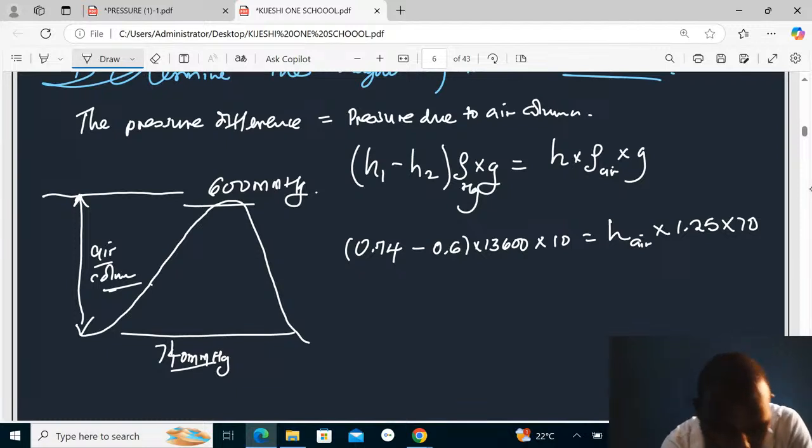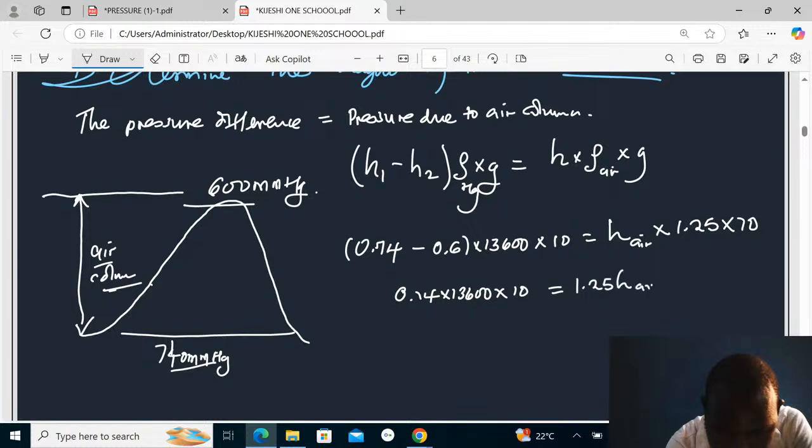Therefore, this becomes 0.14 times 13,600 times 10 equals 1.25 height of air.